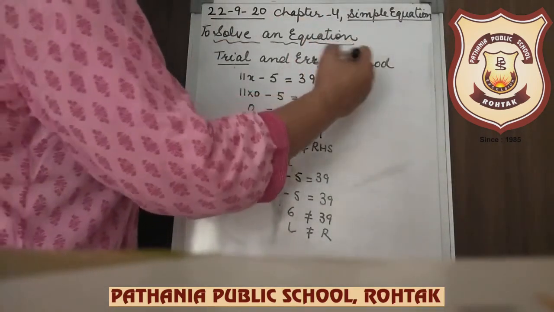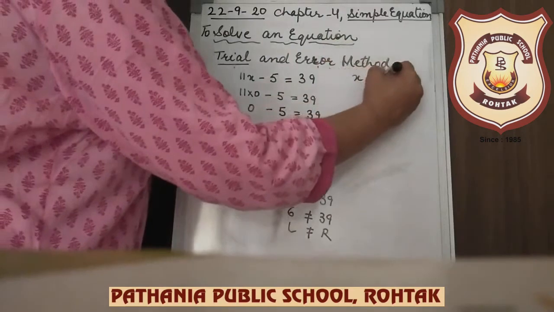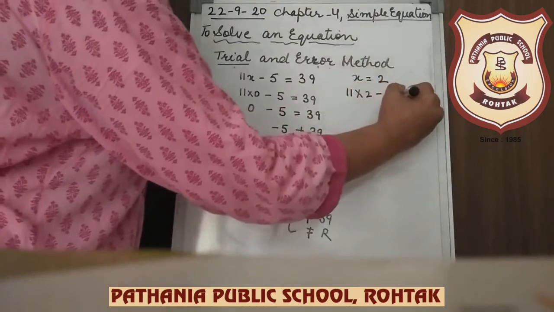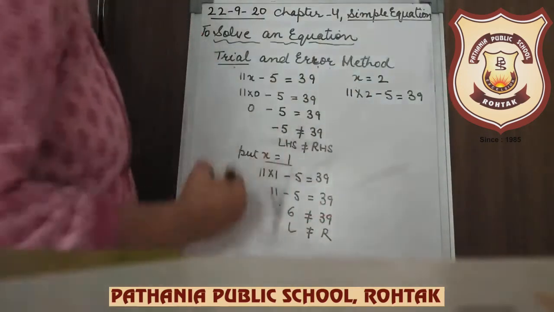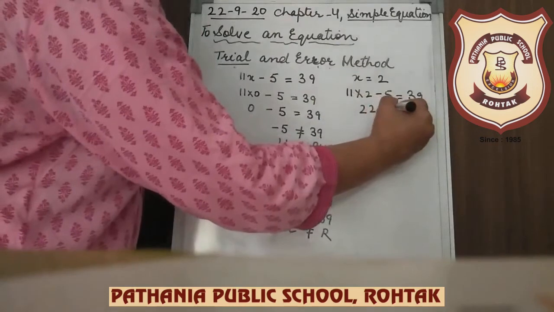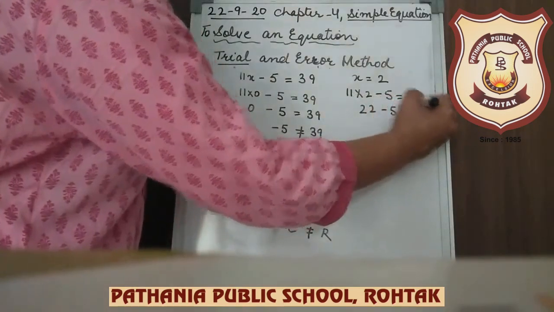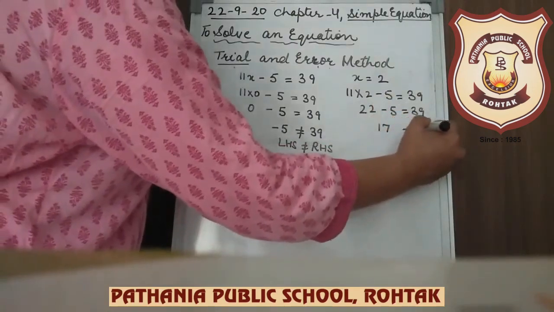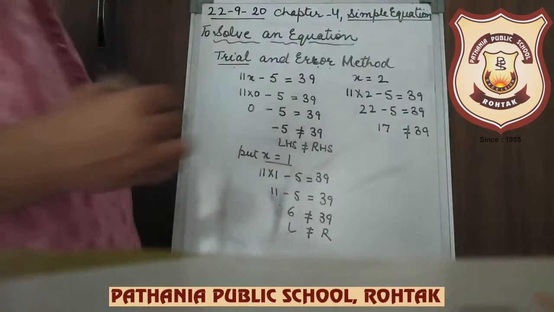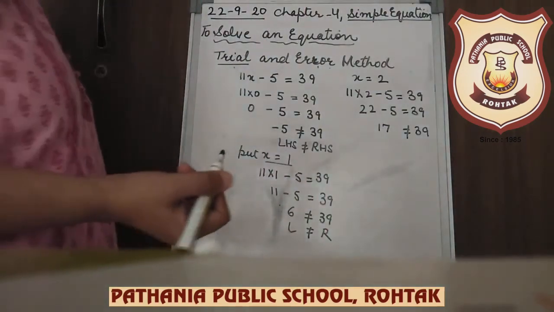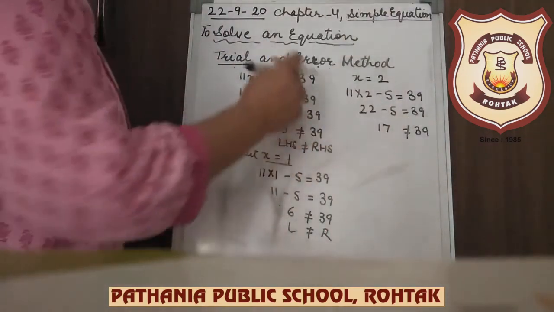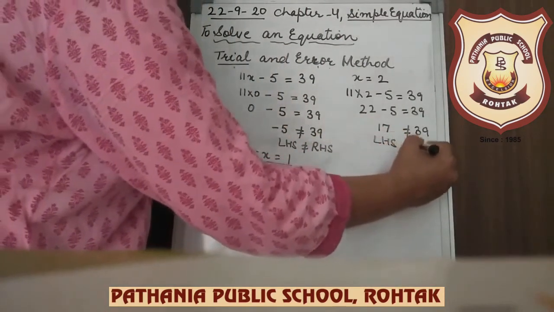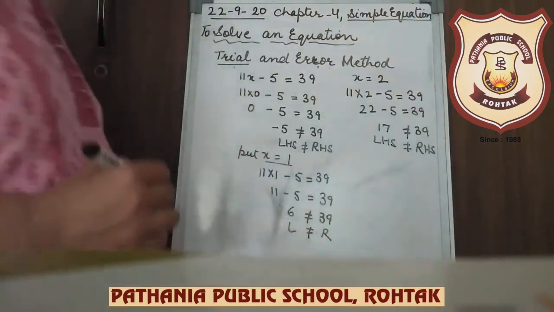Now I will take x is equal to 2. So 11 multiplied by 2 minus 5 is equal to 39. So 22 minus 5, and what is this? This is 17, and right hand side is 39. So they are not equal. Again this value will not go for the equation, because LHS is not equal to RHS. Clear?